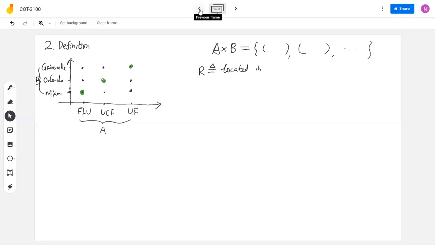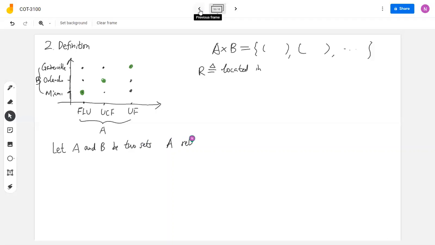Okay, so let me give you the rigorous definition. Let A and B be sets.